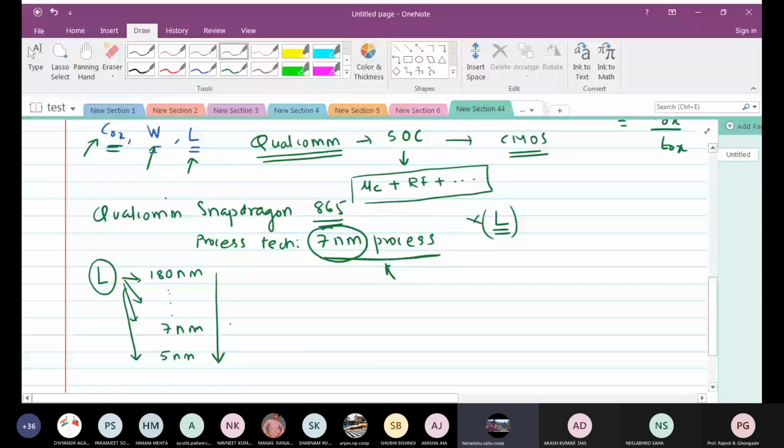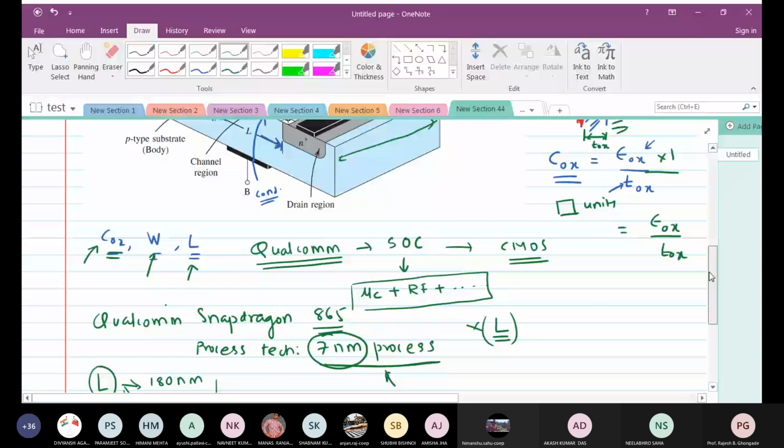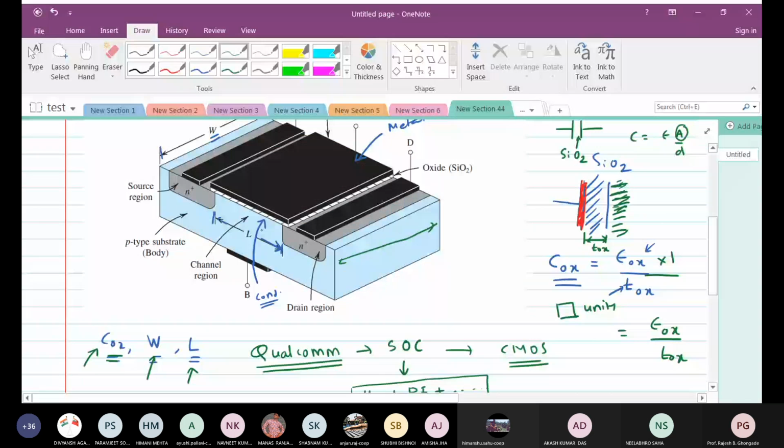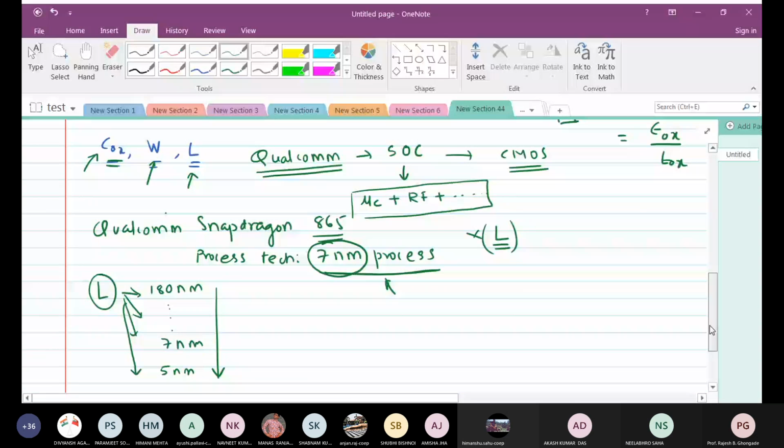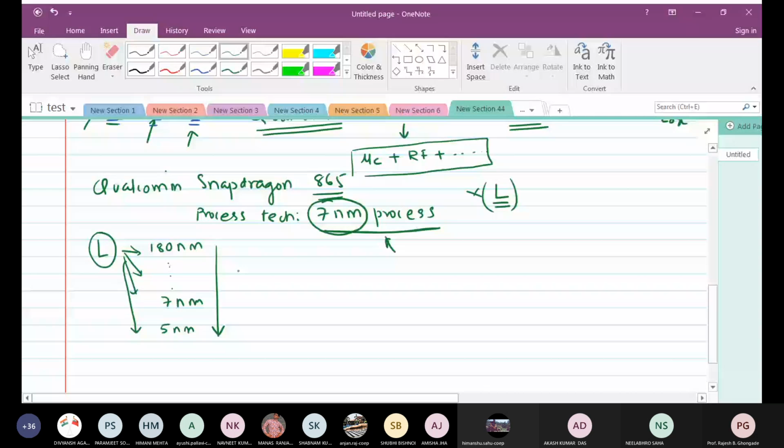Okay, and so if L is decreasing, what will happen to the general size of the transistor? If you are shrinking this L, what will happen to the size of the transistor? Will it increase or decrease? Decrease. It will decrease. It simply means that more transistors can be accommodated on the same area.